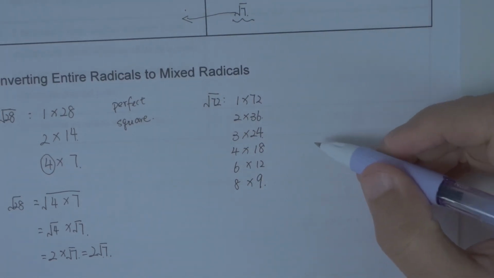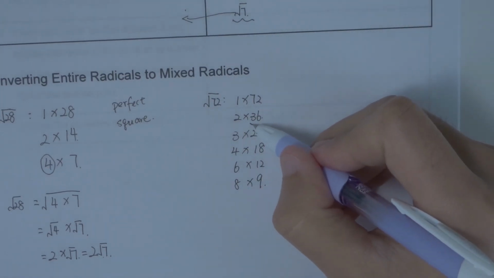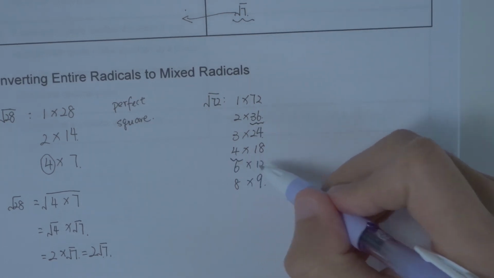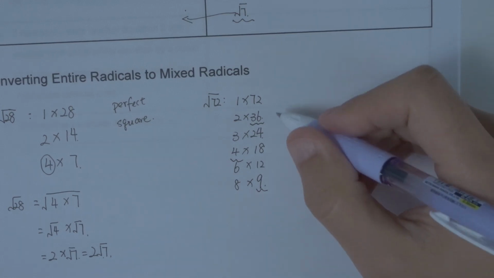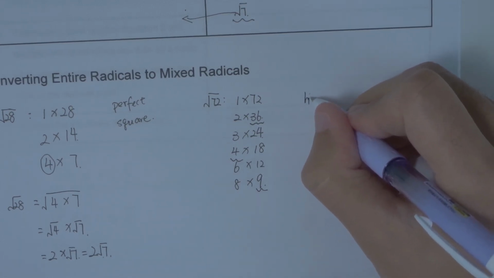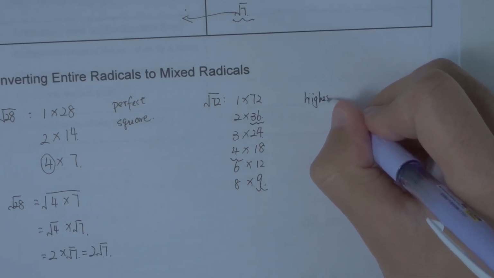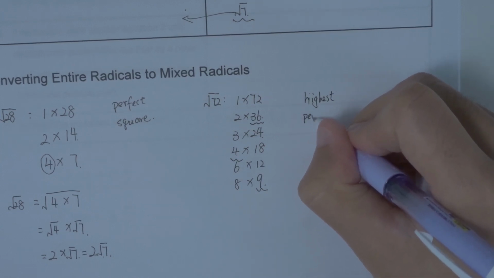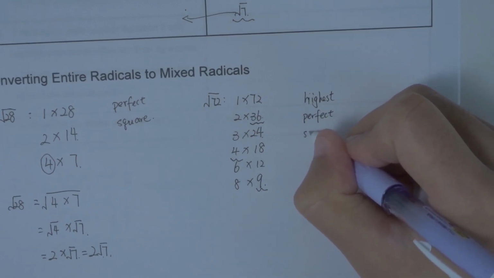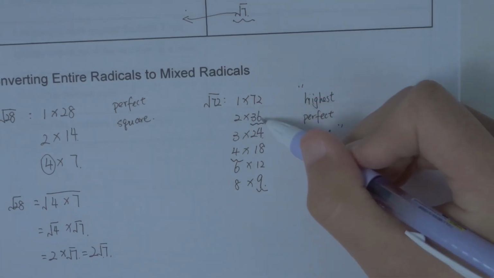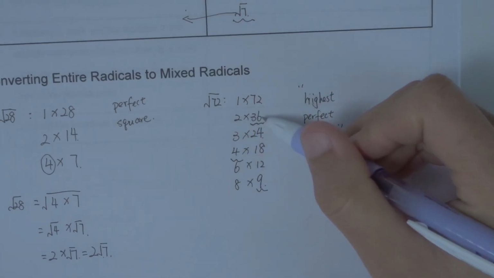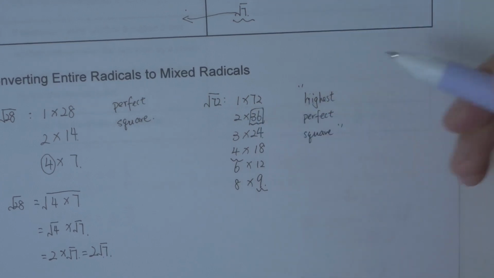And then we can find the perfect squares: 36, 4, and 9. Which one should we choose? We need to choose the highest perfect square. Among 4, 9 and 36, the highest is 36.